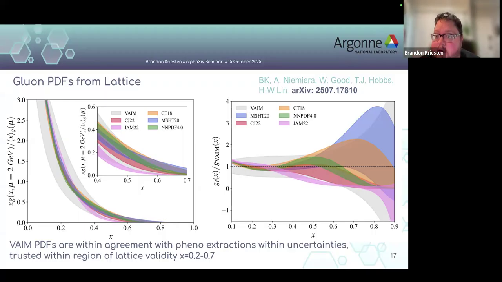And that does scale to this very low x region. But for the purposes of this study, this was mainly looking at understanding within the region of validity of the lattice, which in this case we took to be the large x region. Now there's also potentially new interesting physics in this large x region that one could think of, also looking at possible higher twist effects and things like this.